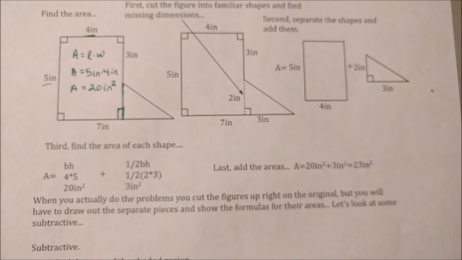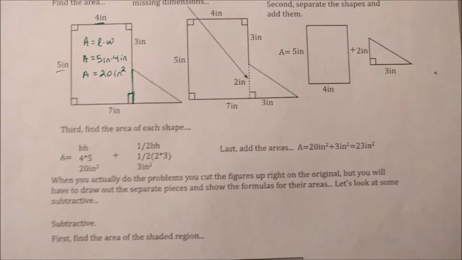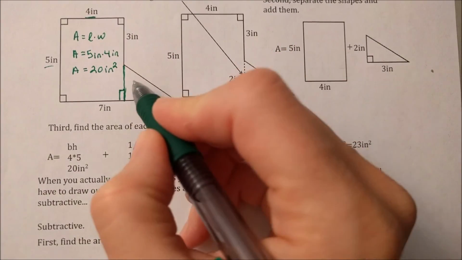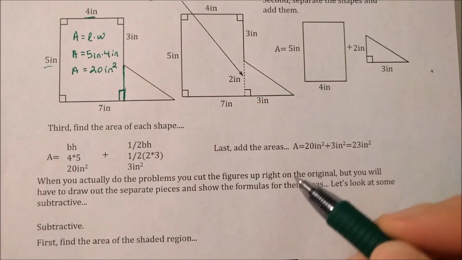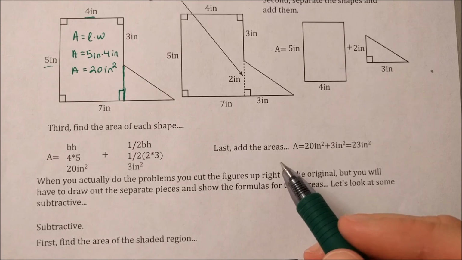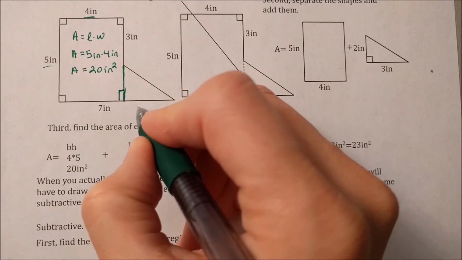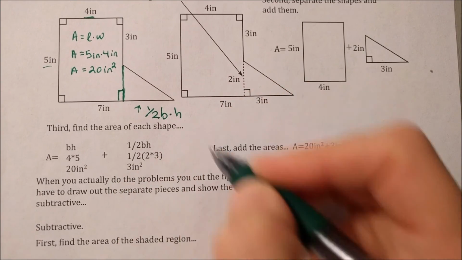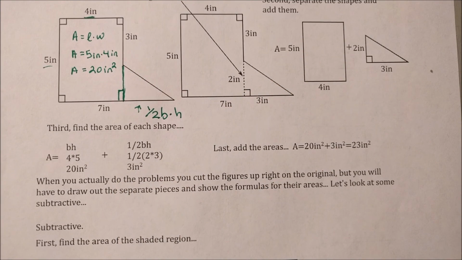And then I need to do my triangle here. Let me zoom in a little better. Okay. So now I've got to figure out, well, how can I get my triangle to be 1/2 base times height? How can I figure out what's going to be my base and what's going to be my height? Well, let's think about it here.